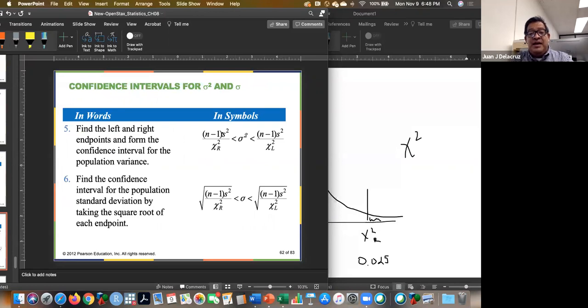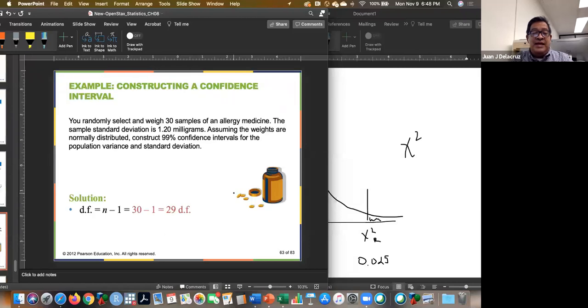So remember, these are the values that we are going to obtain. This is the variance, and this is the standard deviation, right? It looks not very simple when we are doing it, but it is. Now, you randomly select a weight of 30 samples of an allergy medicine.